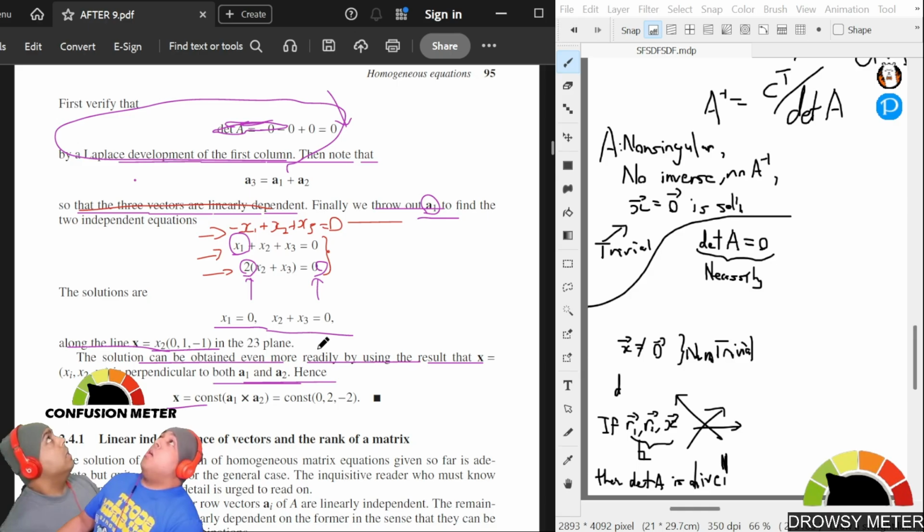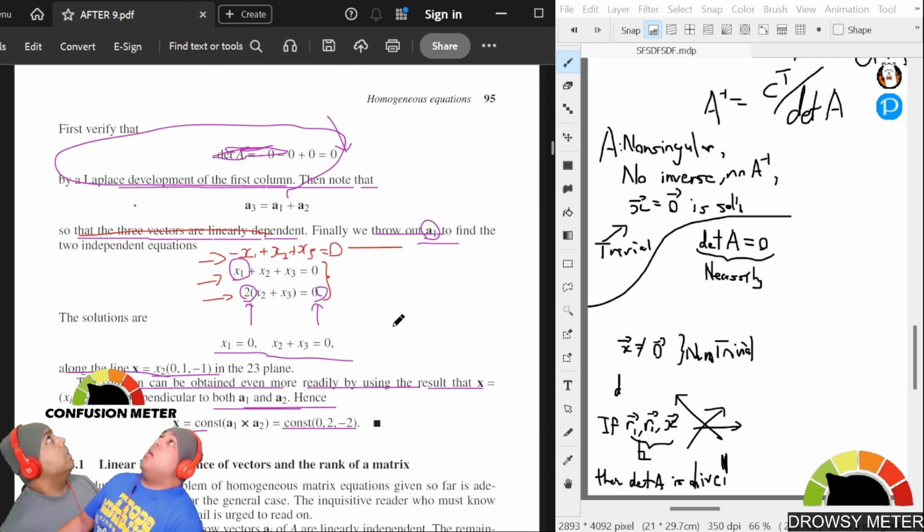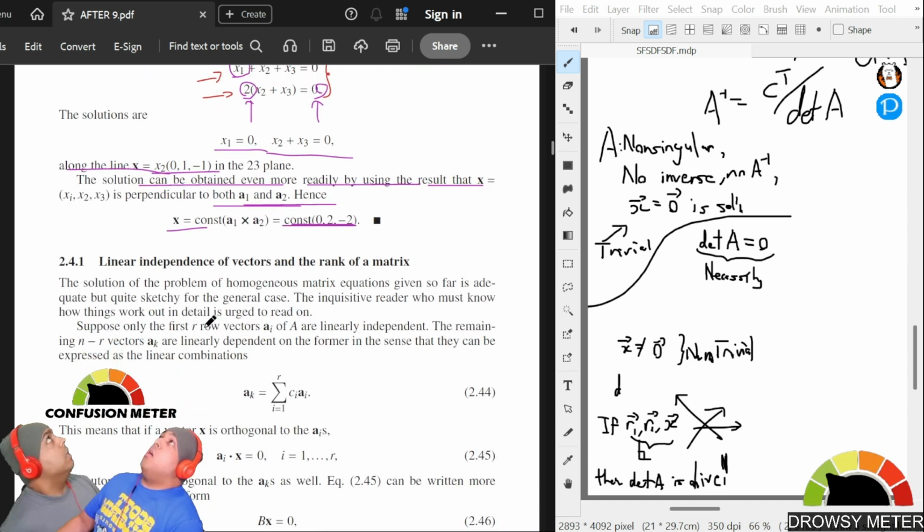I suppose constant 0 to minus... what does this mean? Constant x2. Okay, I am a little confused.